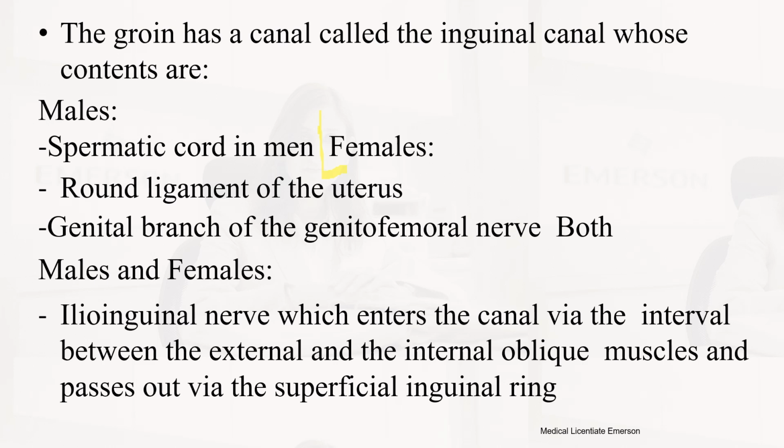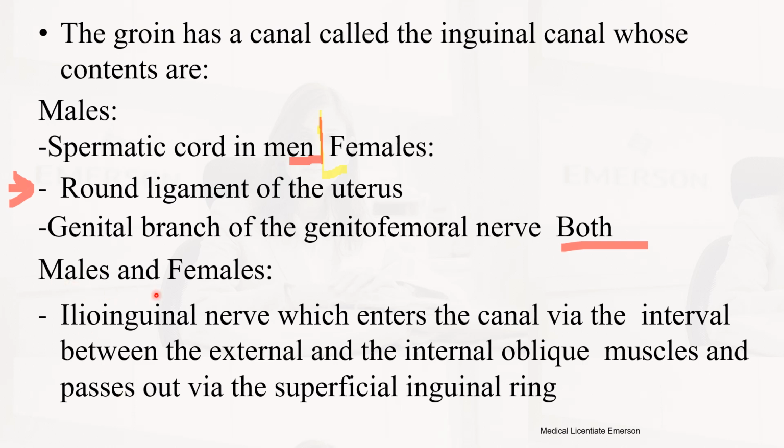In males we have the spermatic cord; in females we have the round ligament of the uterus; and in both we have the genital branch of the genitofemoral nerve.